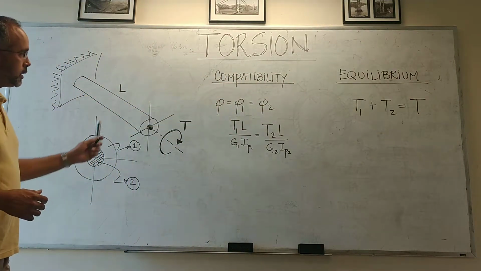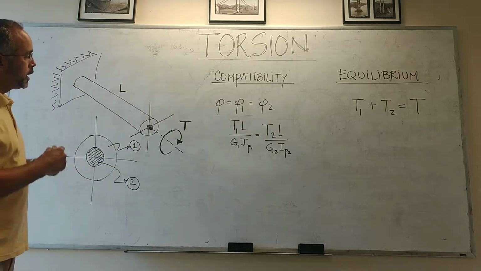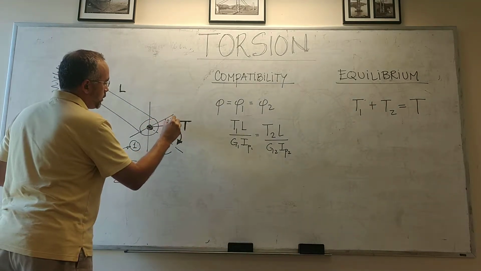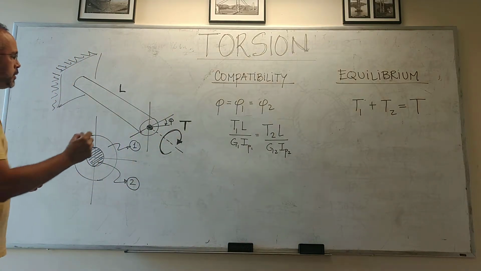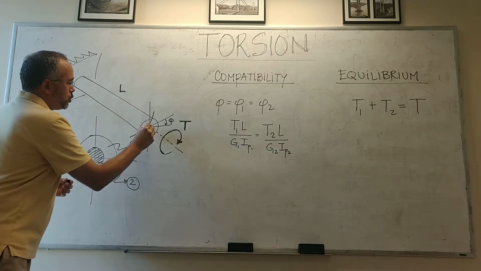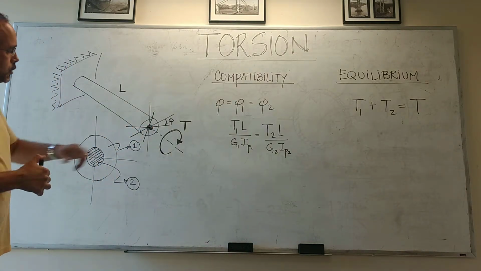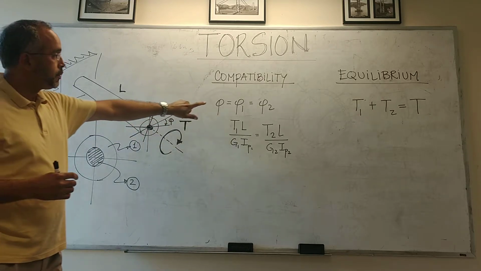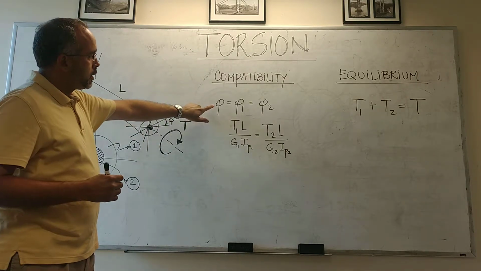The key here in terms of compatibility is to realize that the rotation that the bar is going to experience at the tip due to that torque, we're going to call that angle of rotation phi.